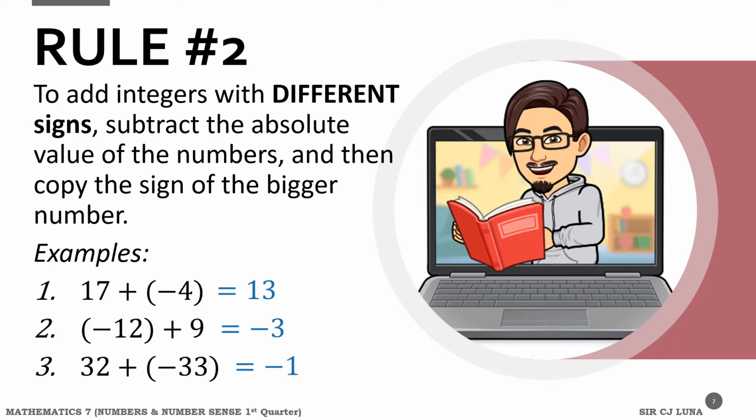Okay po? Basta kapag ang mga signs mo ay magkaiba, mag-minus ka. After mo mag-minus, kokopyahin mo lang yung sign ng mas malaking number. As simple as that. Diba? Kayang-kaya nyo yan. Okay.